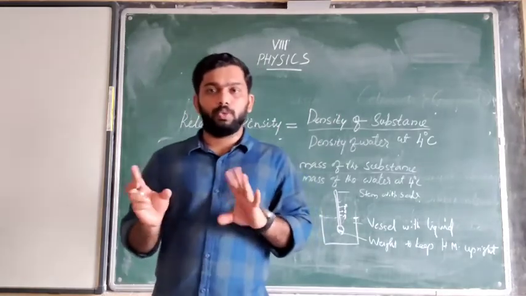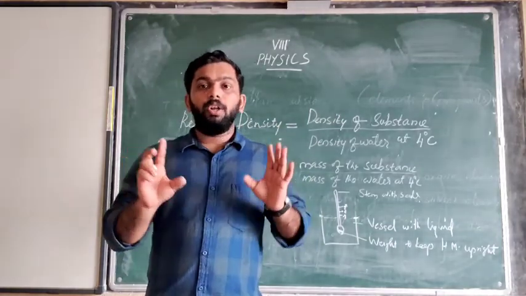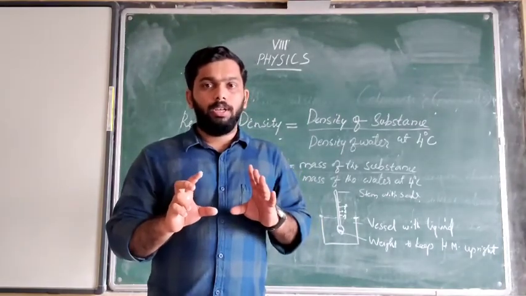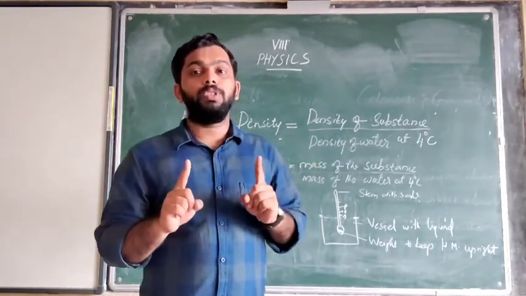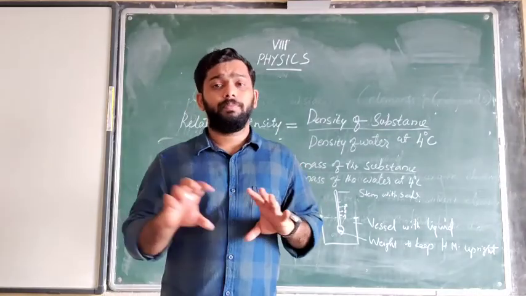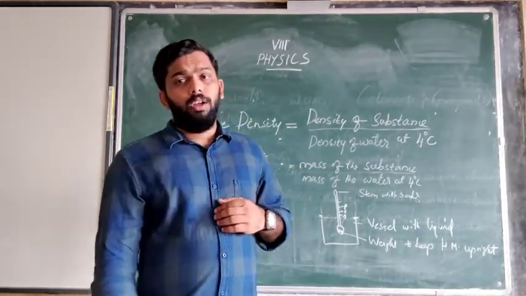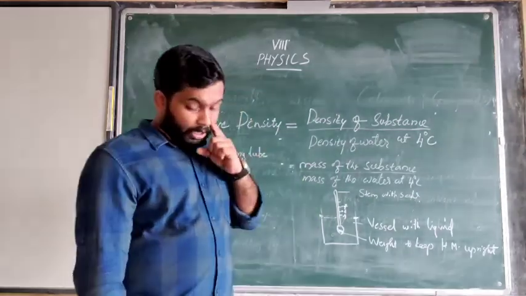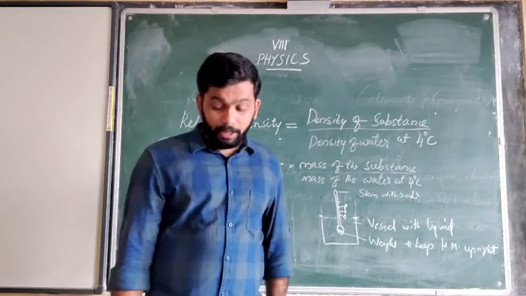You have to measure both these quantities. In order to find the mass of the liquid, in any method, you have to use a physical balance. So, physical balance is common in our experiments.